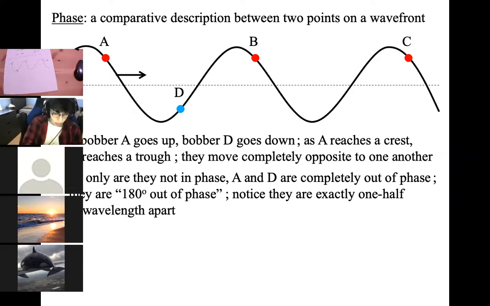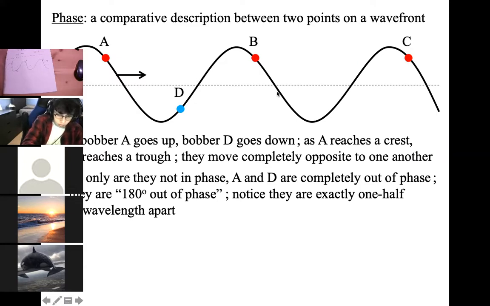All right. How far apart are bobbers D and C? Well, bobbers D and B are also 180 degrees out of phase, and are exactly 1/2 a wavelength apart also. D and C are also 180 degrees out of phase.